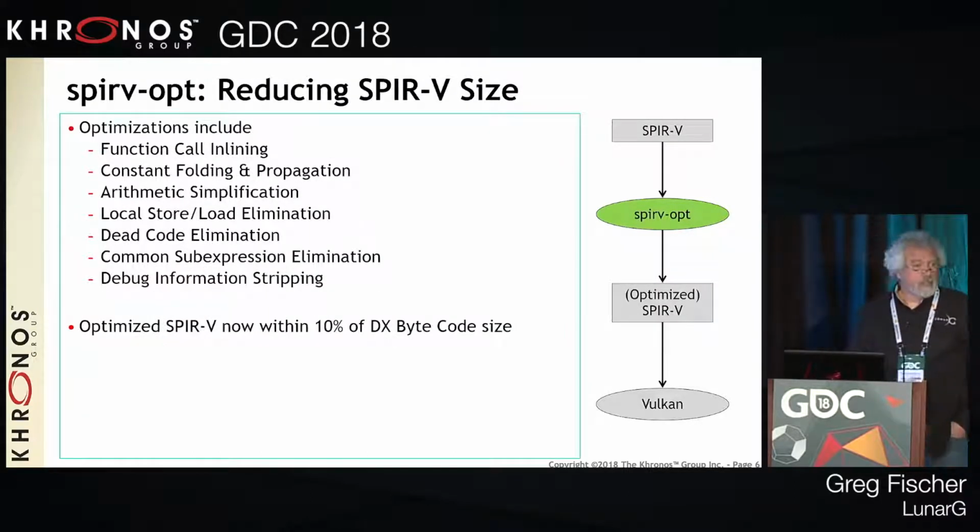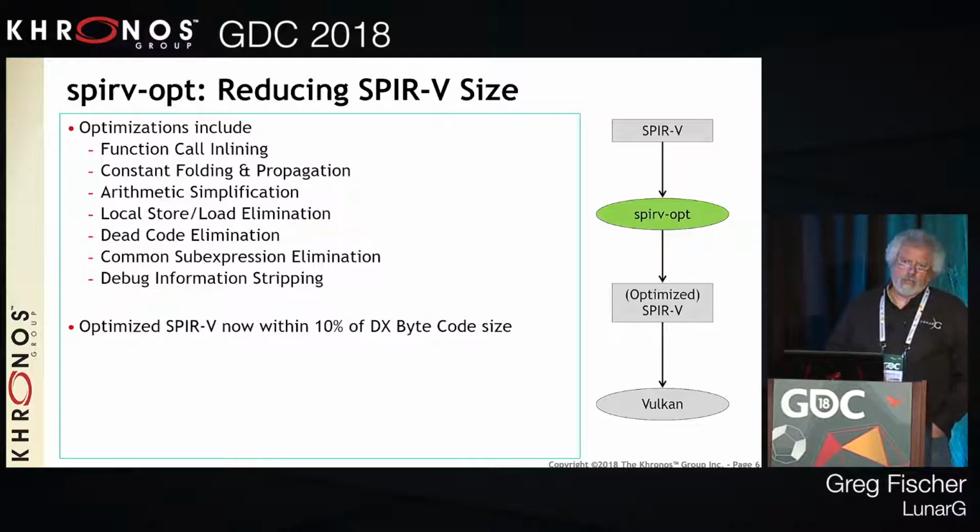So, reducing size. When I first got involved with this, we were interested in reducing the size of SPIR-V as it was generated by glslang validator. It was like most front ends, generating fairly raw, fairly inefficient code, I guess you would say.